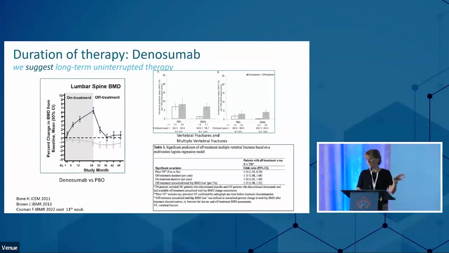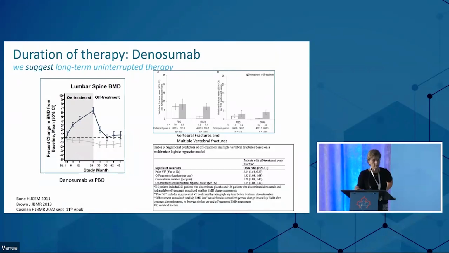This rapid bone loss that we see on BMD translates into an increased risk of vertebral fractures and multiple vertebral fractures in people who have been on the denosumab for a long time and those who actually had vertebral fractures at baseline. So we do not recommend a denosumab holiday.